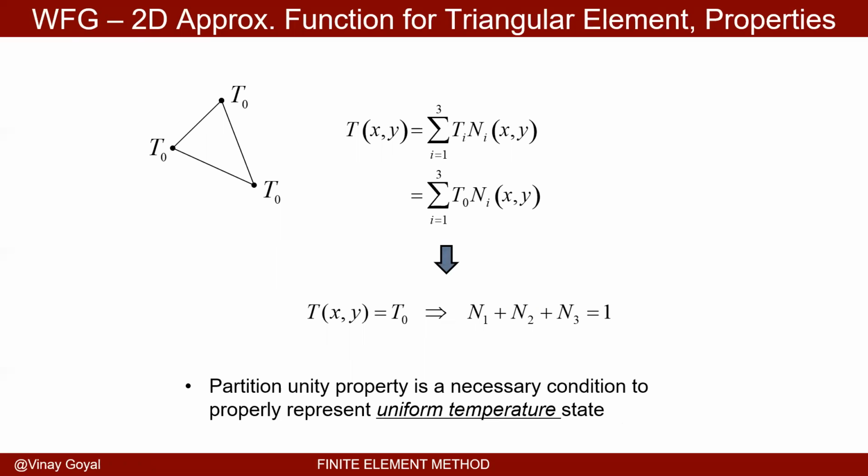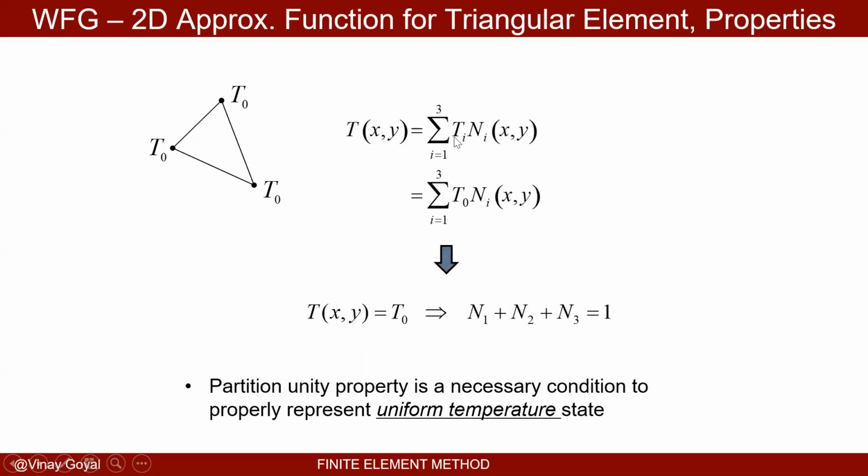So why is it important that the shape functions satisfy partition of unity? It has to, because say the temperature at this node is T naught, at this node is T naught, and at this node is T naught. Then any value in the center here should be T naught. So let's plug in what the approximation function looks like. I have T equals T1 times N1 plus T2 times N2 plus T3 times N3.